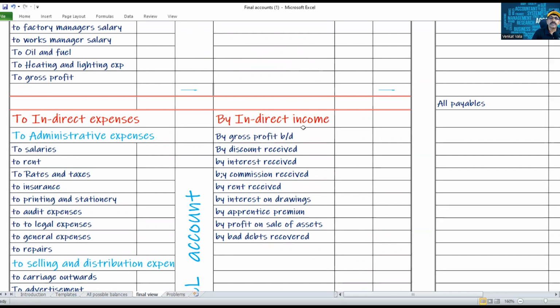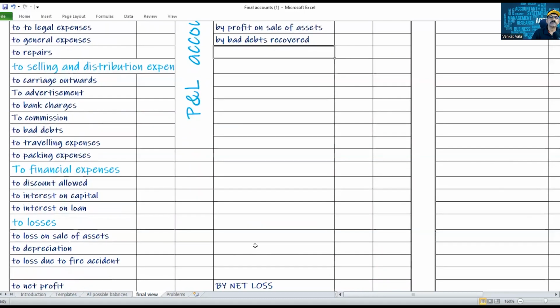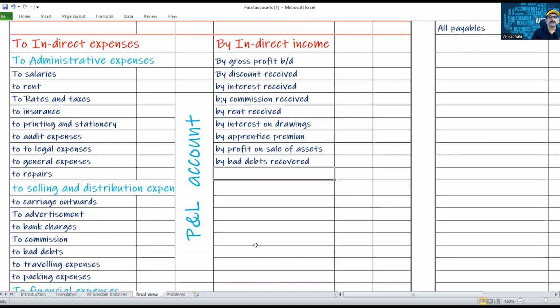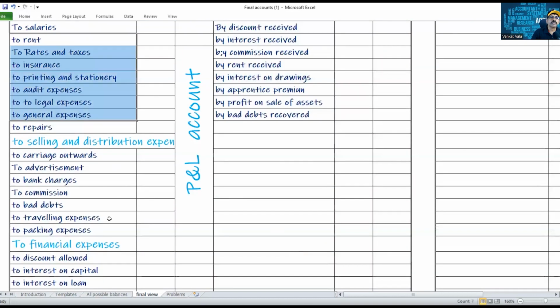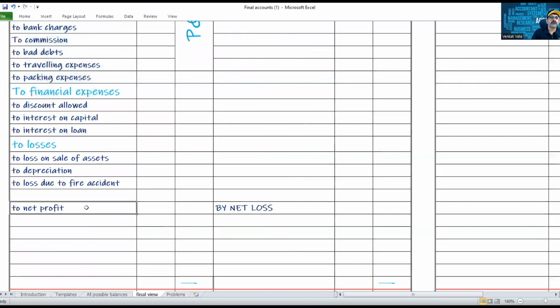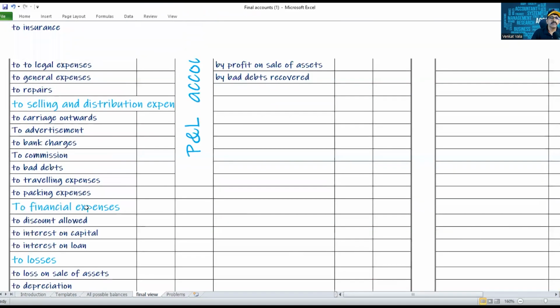And the various types of indirect incomes are discount received, interest received, commission received, rent received, interest on drawings, apprentice premium, profit on sale of assets, bad debts recovered, and so on. As mentioned earlier, if the income side is more than the expenditure side, then we'll get net profit in the P&L account.